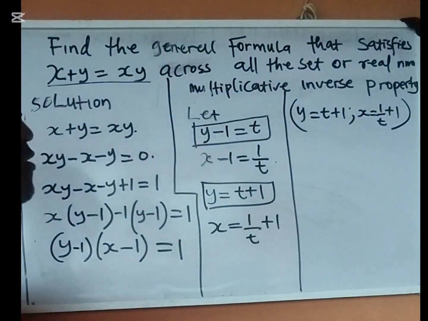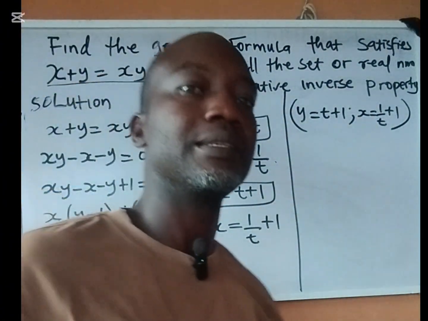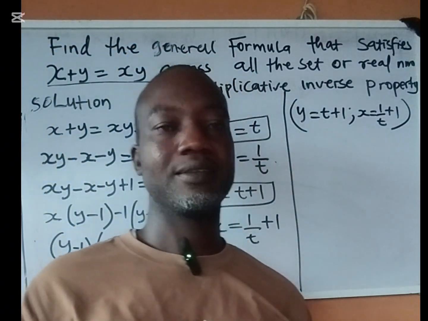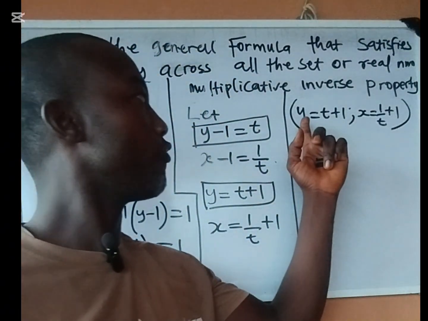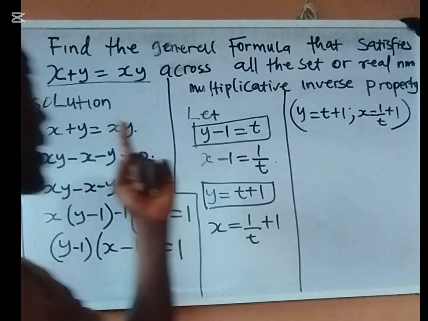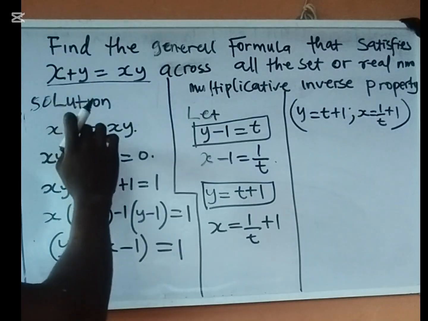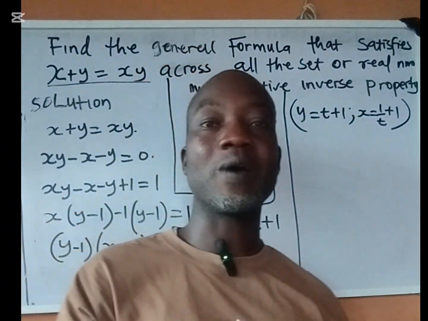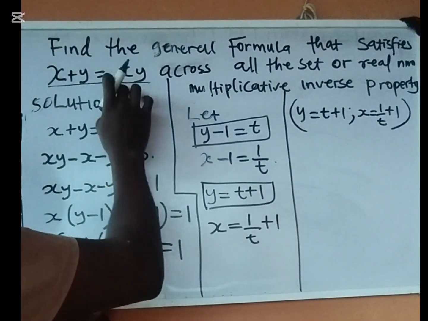So let me test my formula. I'm going to introduce any real value for t. I will solve for y and for x. Then I'll go back to my original equation and see if the answer I get satisfies this equation.